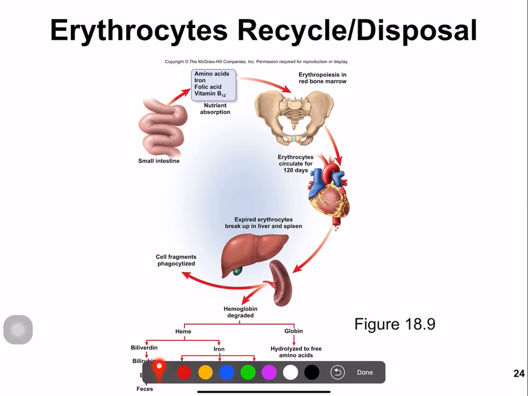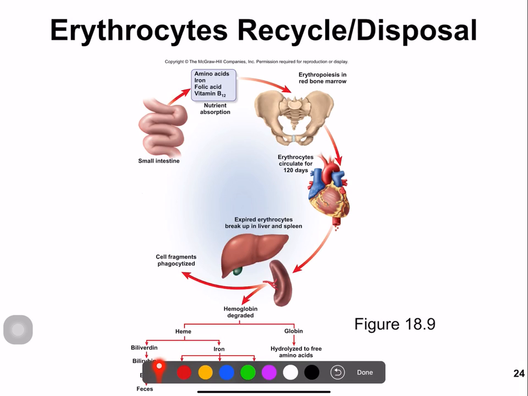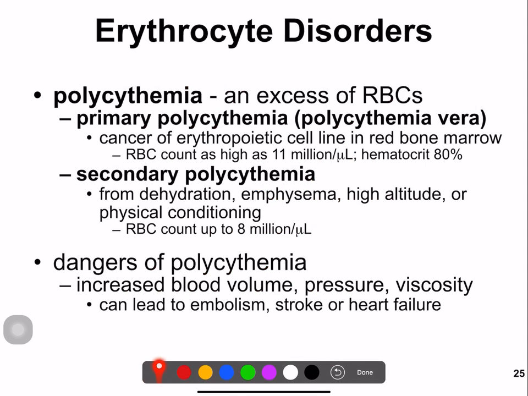The heme, as I said, the iron ends up as part of storage, getting reused or lost in things like injury or menstruation. And then for the heme: biliverdin, bilirubin, bile, feces is the pathway of that.